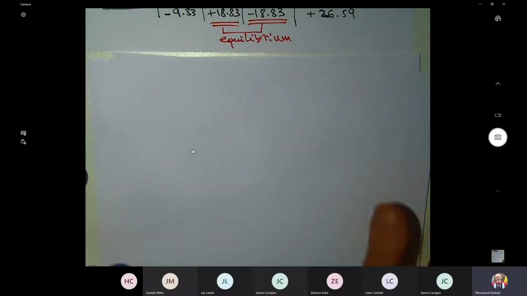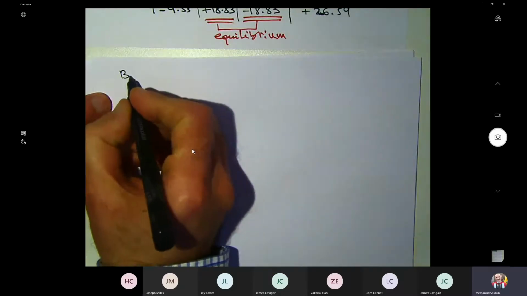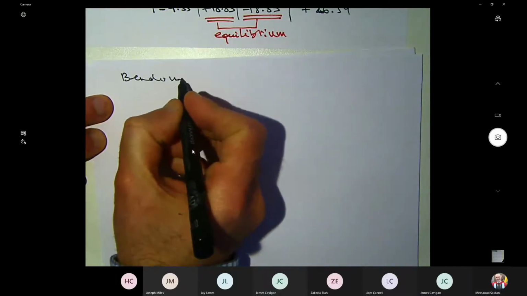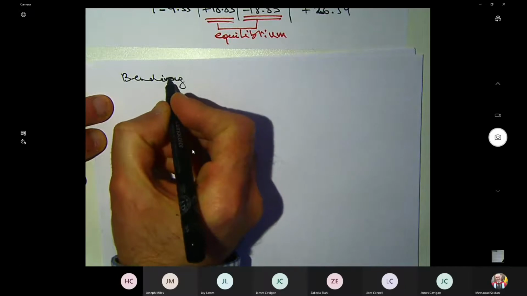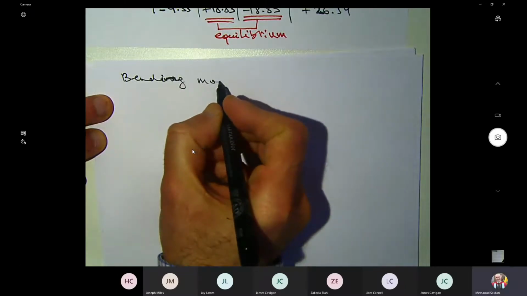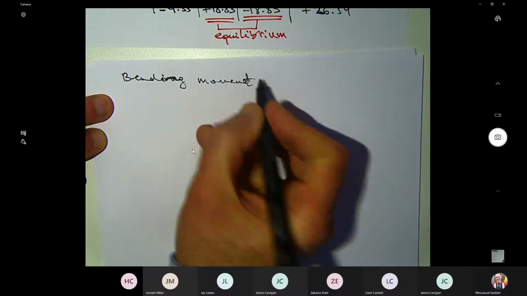So the next step now is to take these moments here and draw the bending moment diagram for the beam as a whole, okay, which I'm going to do here.